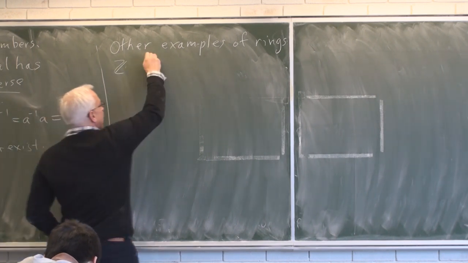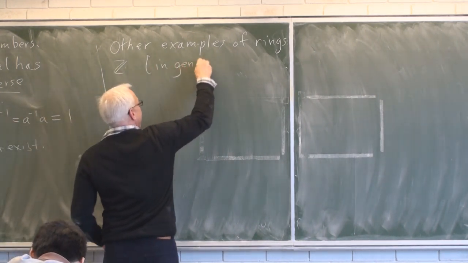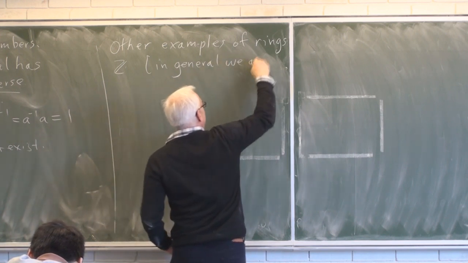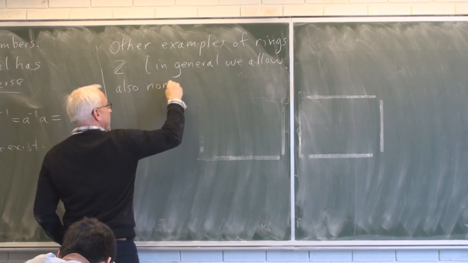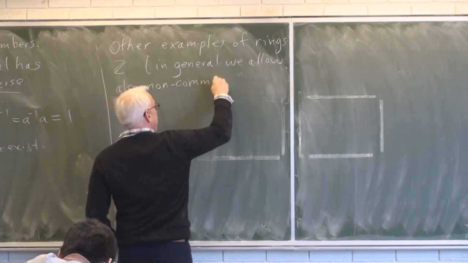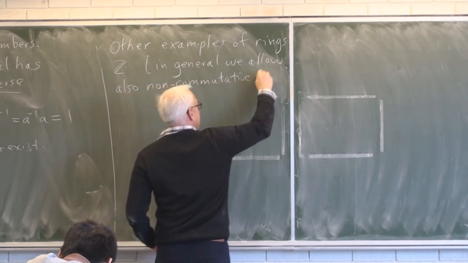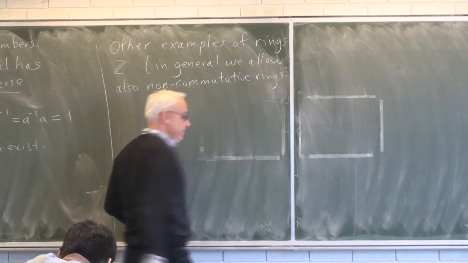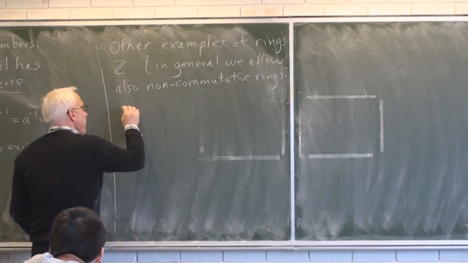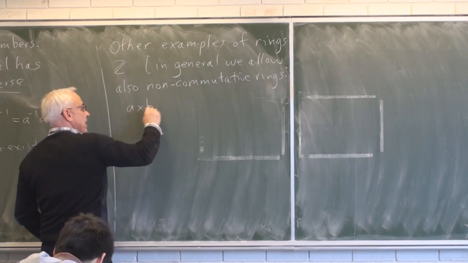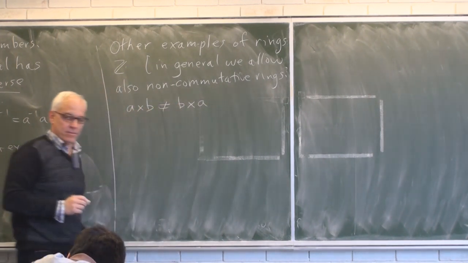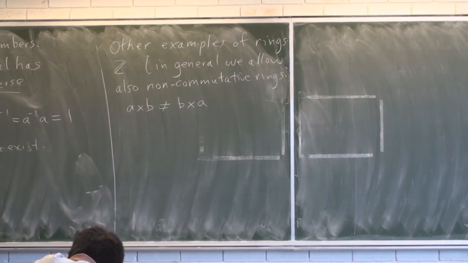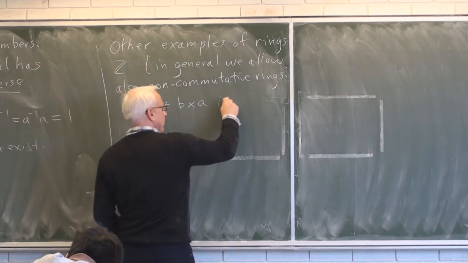Okay? So in general, we allow also non-commutative rings in the following sense. So that A times B does not necessarily have to equal B times A. So this is allowed.